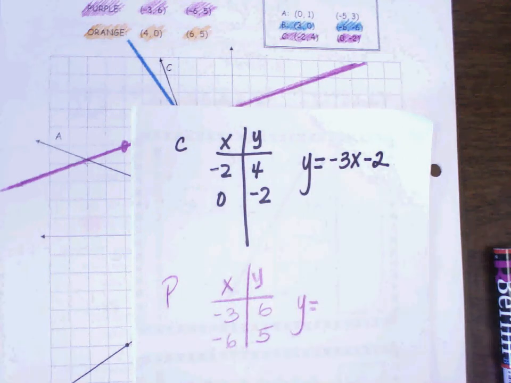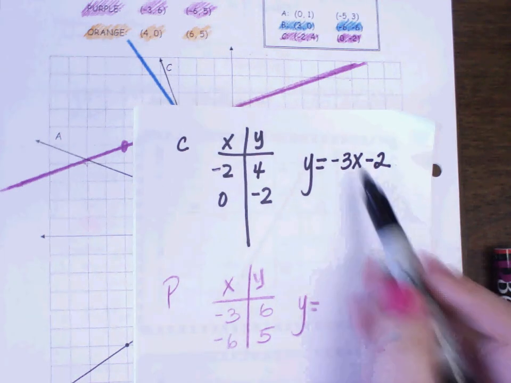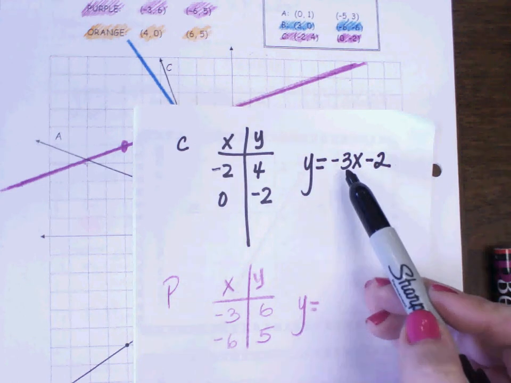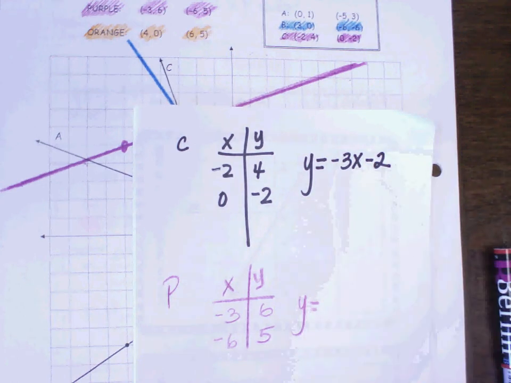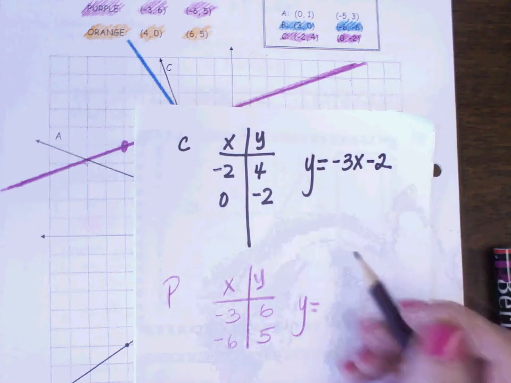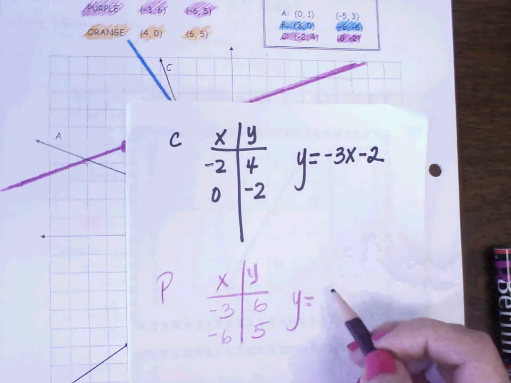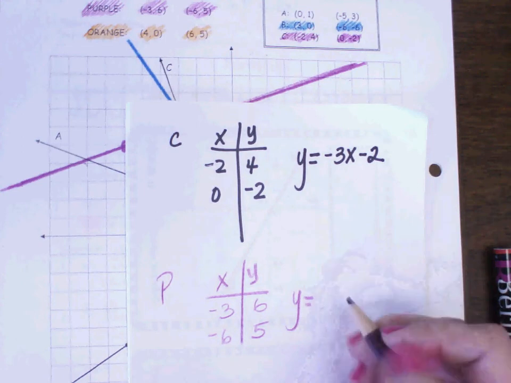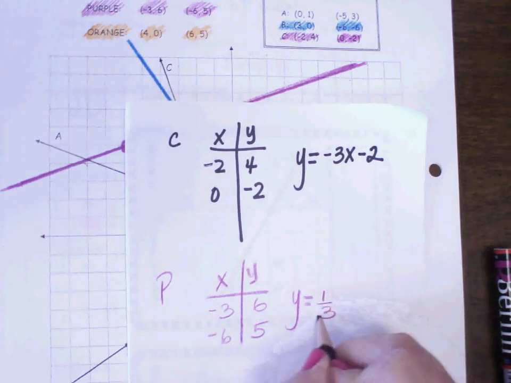Take away 2. All right. So without doing the stat, for those that haven't done the stat for the purple one, don't do it. What would you expect for the slope to be? Positive. Very good. Because this is negative, the other one needs to be positive. And what would be the slope? 1/3.